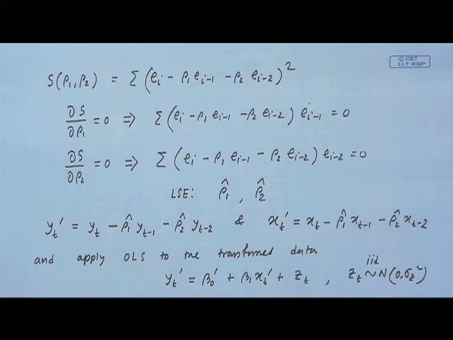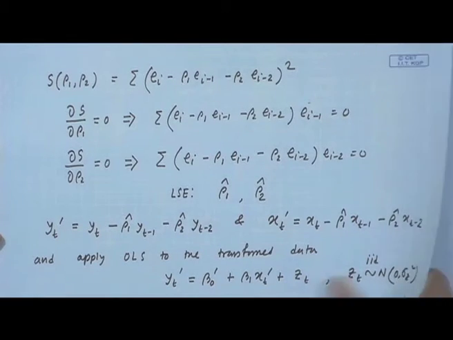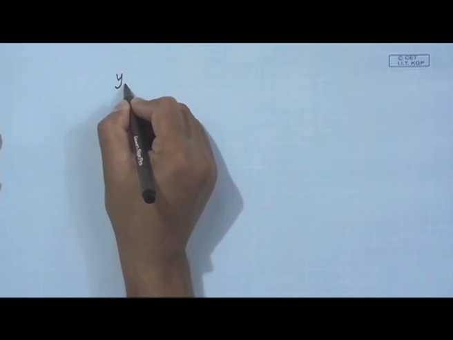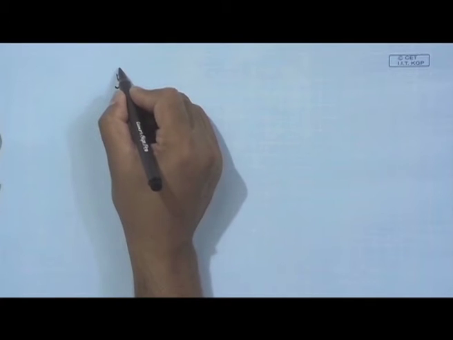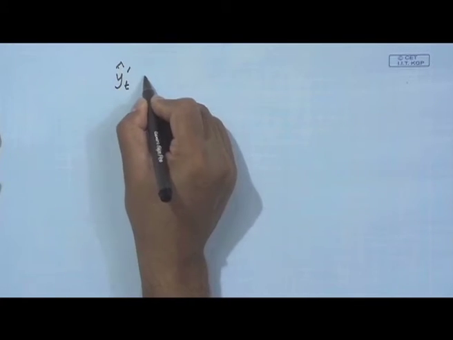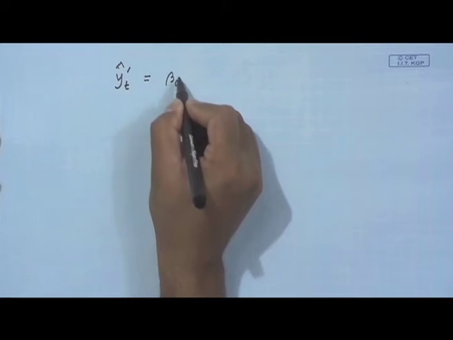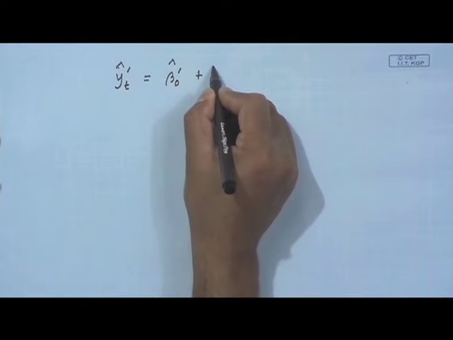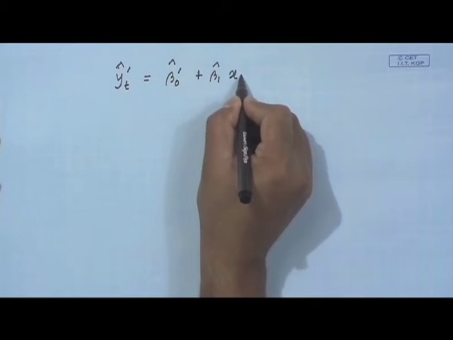So, you are in a position to apply the ordinary least square technique, and you apply it here to get the estimated values, and the final fitted model is y t prime hat is equal to beta naught prime hat plus beta 1 hat x t.